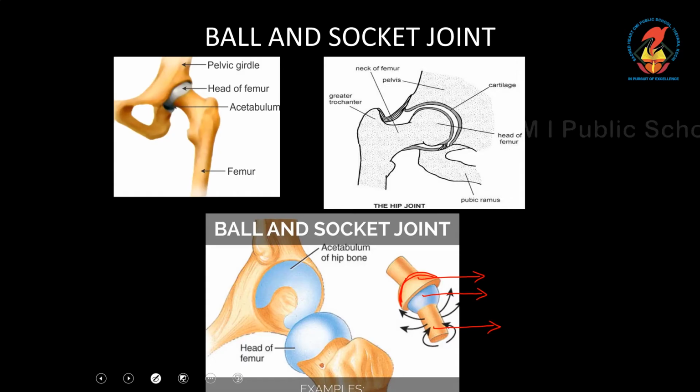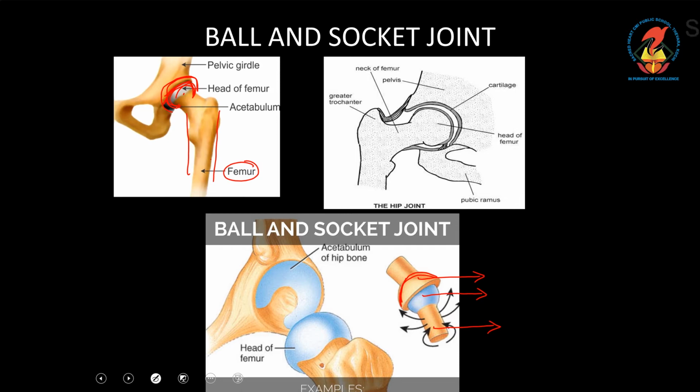You can see the head of your thigh bone is fitting into the cavity here, and the head of this bone is like a ball and it is fitting into your socket or a hollow space.